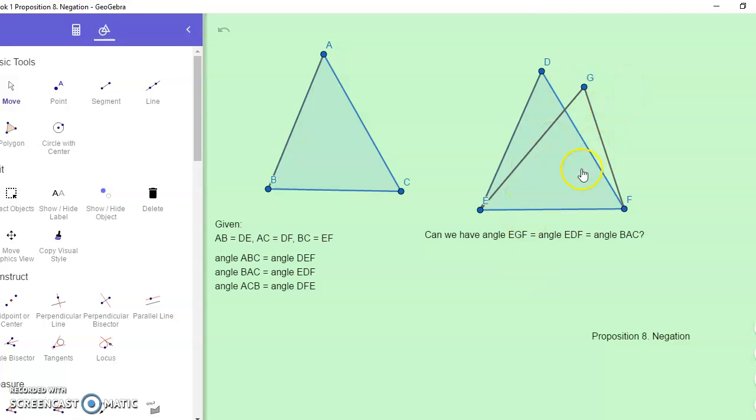So we created a scenario here, EG and GF not equal to AB and AC, but we were not able to produce an angle EGF that would be equal to angle BAC, because as shown in proposition 8, the sides of different lengths produce an angle different and not equal to angle BAC. So that's the proof for proposition 8.